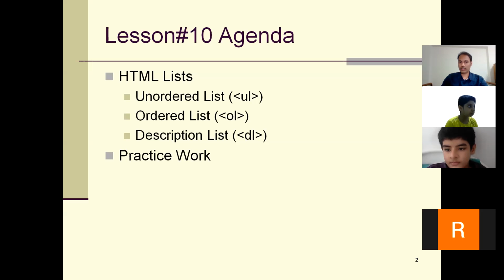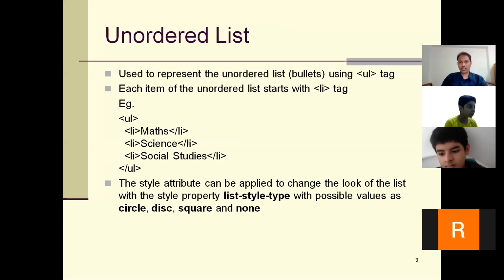We'll learn these three items today, and then I'll give you the practice work for today. Let's see what an unordered list is. As the name implies, it is not in order. You can take it as bullet points, and bullet points are not ordered.